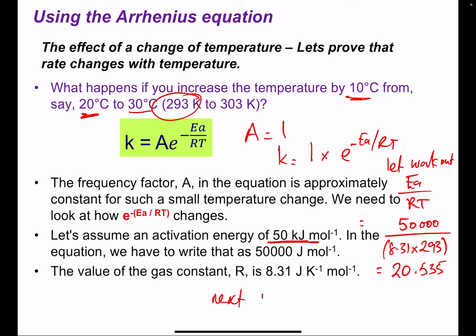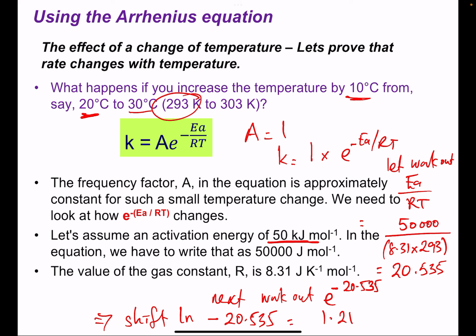Next, work out e to the power of minus 20.535. I'm going to press the shift button on my calculator, then natural log, and then type in minus 20.535, and I get an answer of 1.21 times 10 to the minus 9.